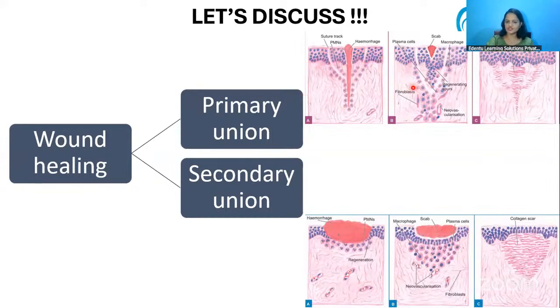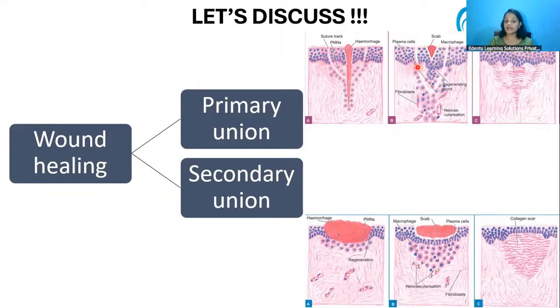So these are the characteristics of a primary wound.